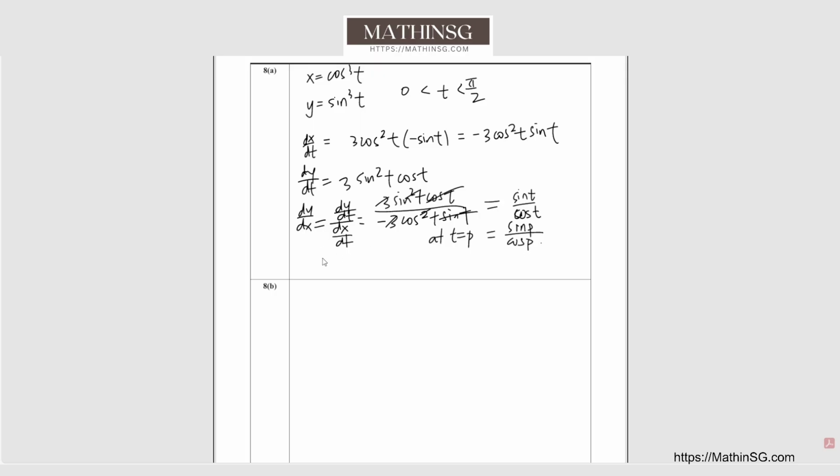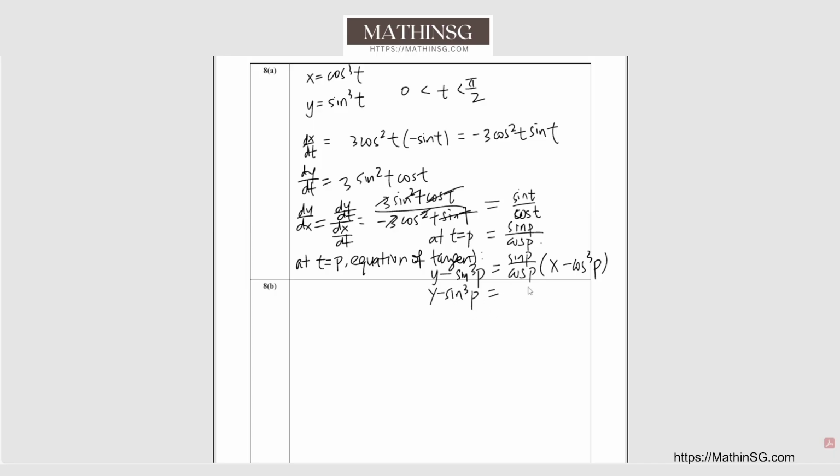Then next, at t equals p, the equation of the tangent will be y minus sine cubed p equals sine p over cos p, times x minus cos cubed p, right? Then let's simplify it.